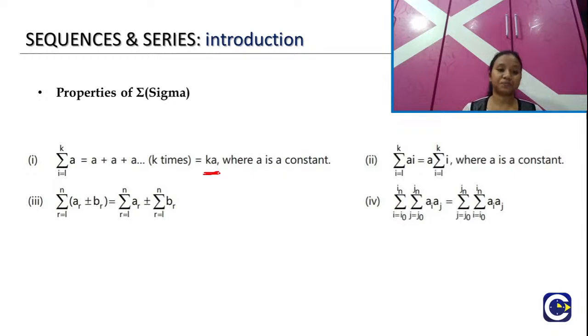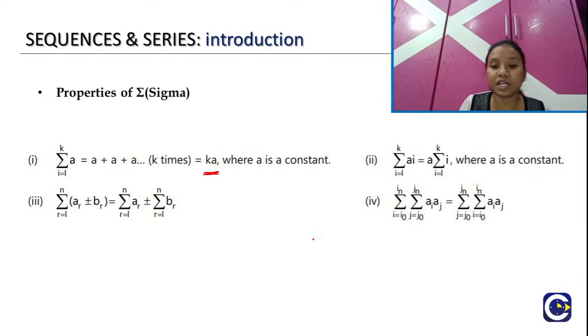And the next, here you can see sigma A into i, i equal to 1 to k. So multiplication here, right?